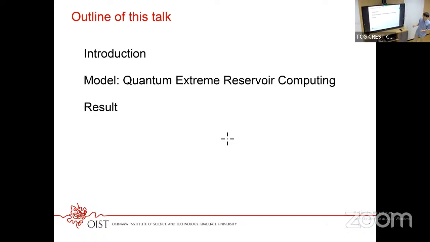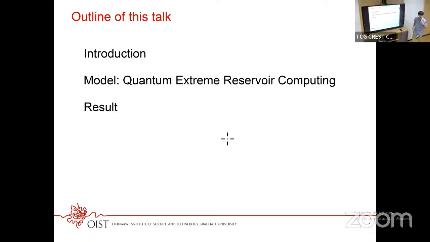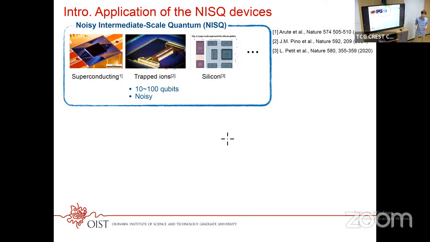First, I will talk about the introduction. And then I will talk about our model, quantum extreme reservoir computing, and I will show a few of our recent results. Now, recently, it has become possible to realize actual quantum devices having 10 to 100 qubits.